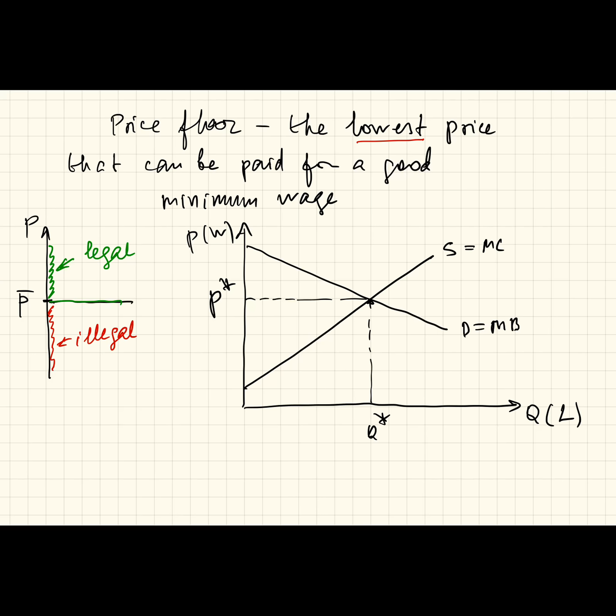Now, again, just like in the previous case, not every price floor is going to make a difference, because if you put it too low, like this, then the equilibrium price actually will be in the legal zone. So nothing will actually change. Markets would be where they want to be, and government will be happy as well.